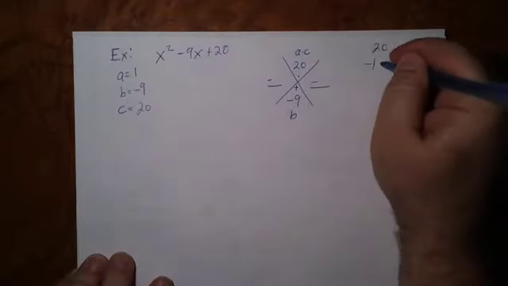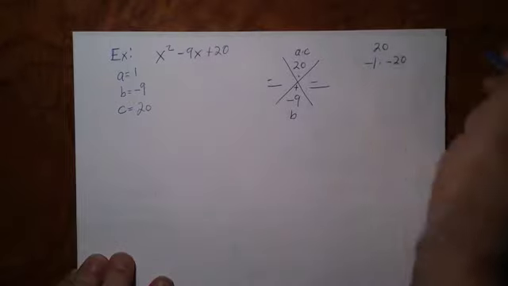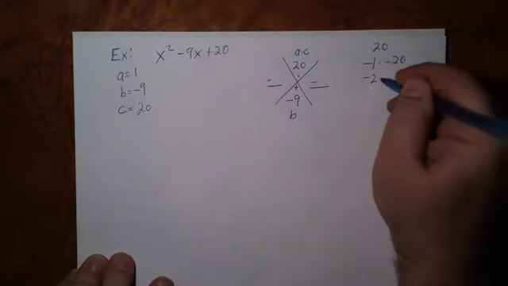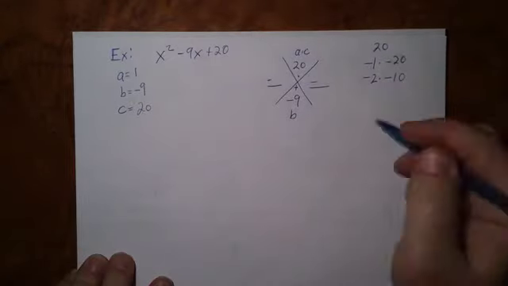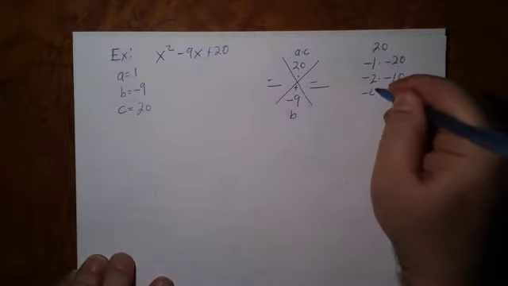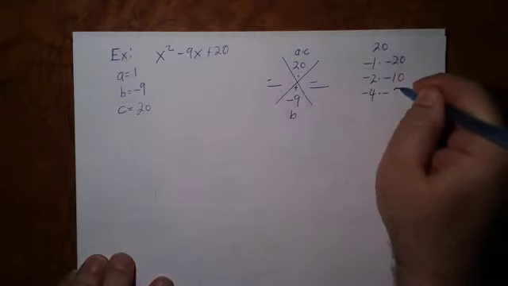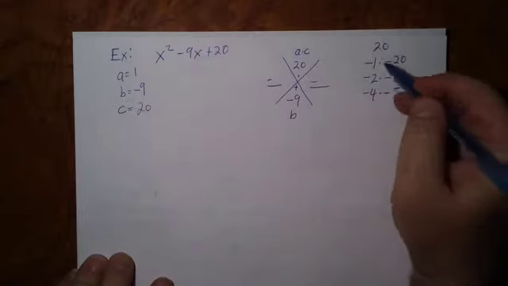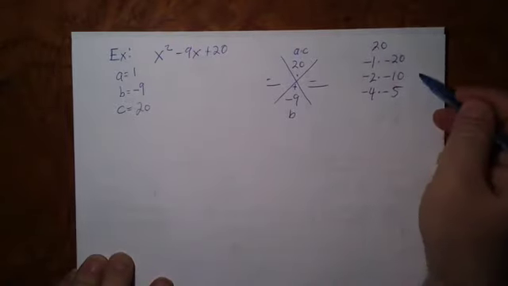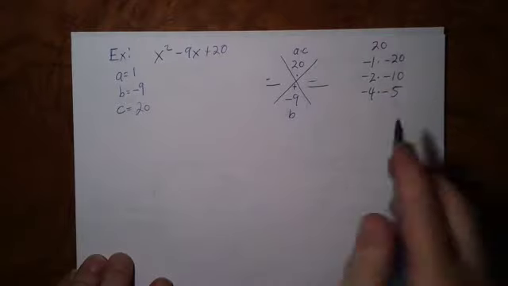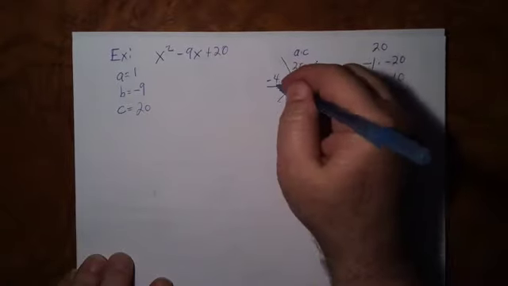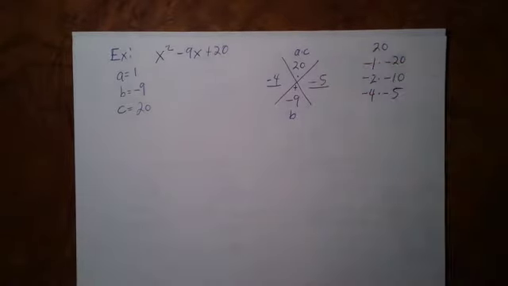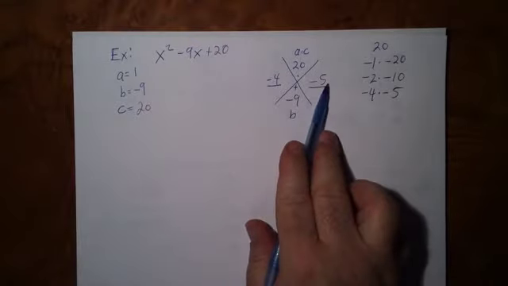So this could be negative 1 times negative 20, negative 2 times negative 10, negative 4 times negative 5, and I think that's it. If we add these together, this would be negative 21, this is negative 12, this is negative 9. Only negative 4 and negative 5 give us the sum of negative 9.